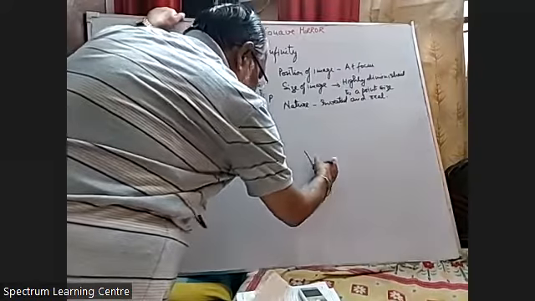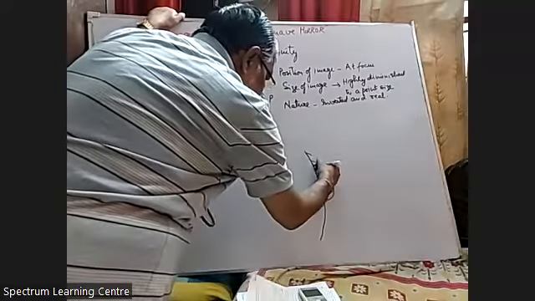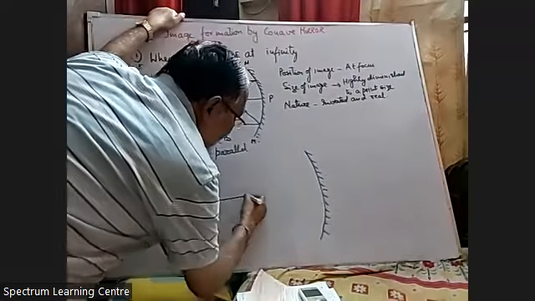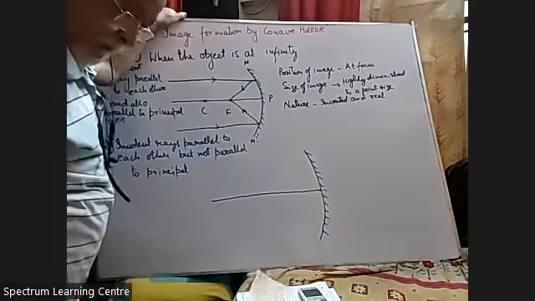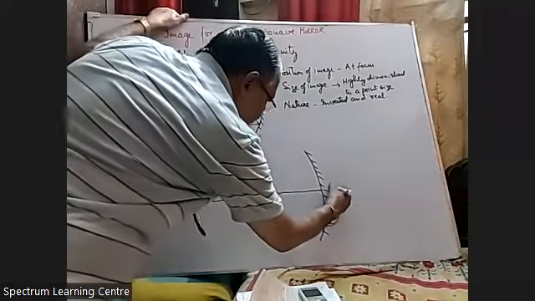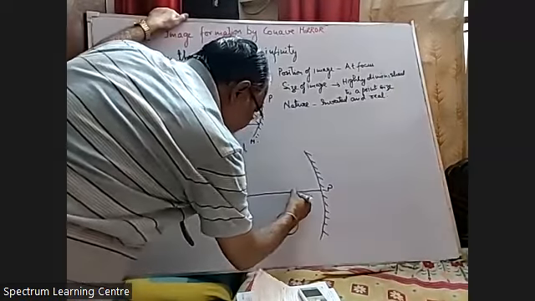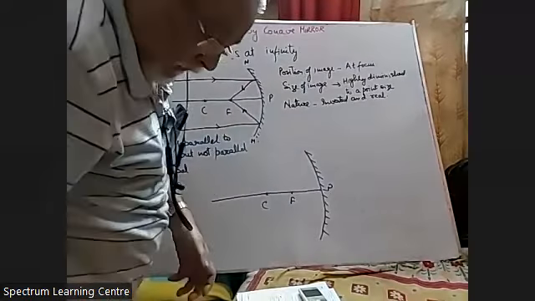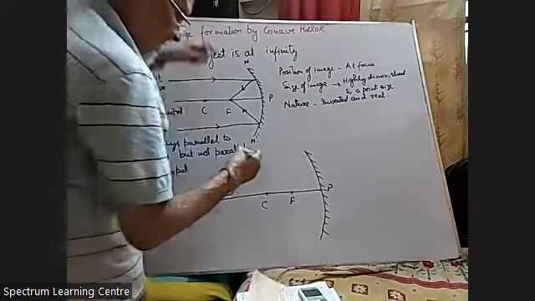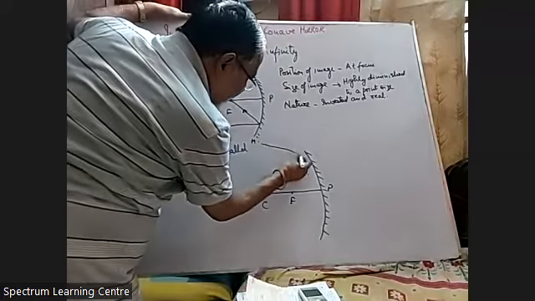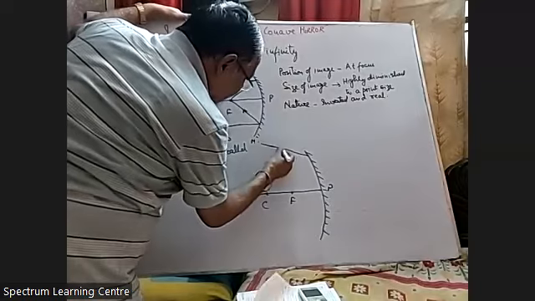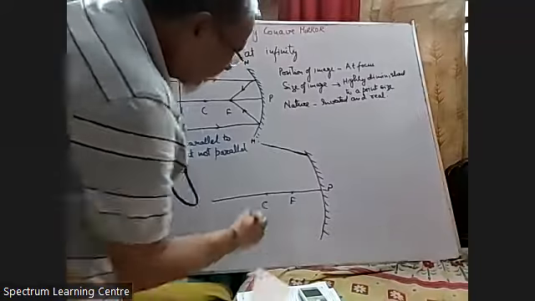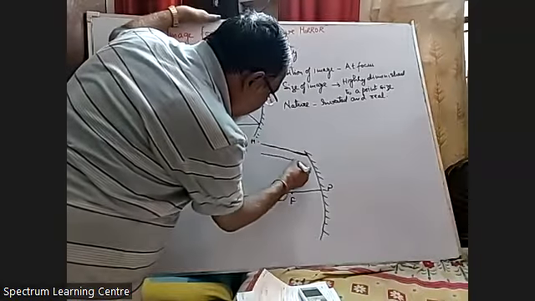Let me make the mirror here. This is the concave mirror. This is my principal axis. Clear? This is pole, this is F, and this is C. Now rays are coming parallel to each other.